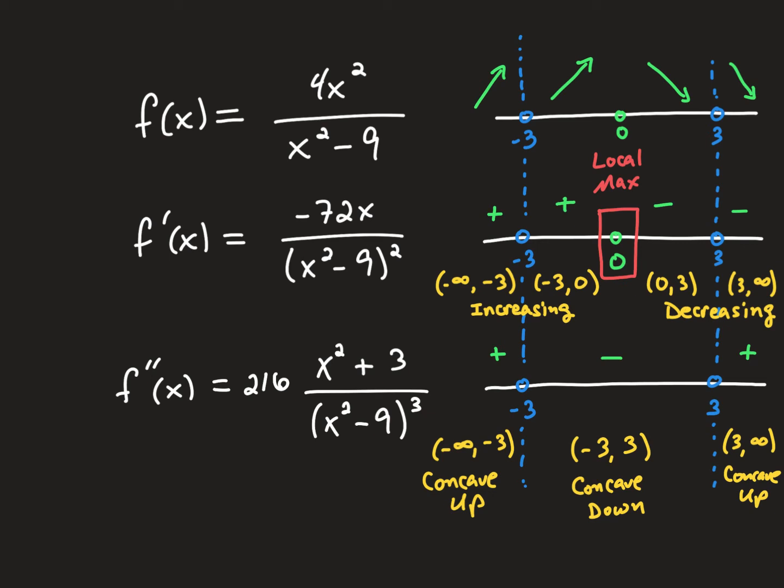And you can also see that here because we are concave down here. And again, for concave up, we were concave up to the left of the asymptote and concave up to the right of the asymptote. This thing will never be 0 because x squared plus 3 is always positive, so we don't have any inflection points there.